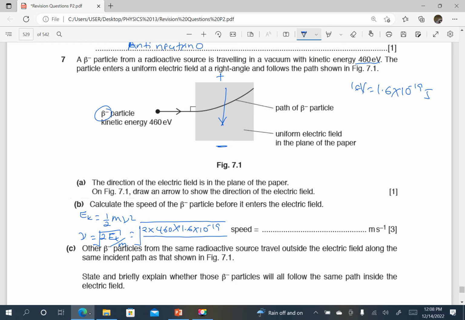Beta minus is an electron, whose mass is 9.11 times 10 power negative 31. So I press the calculator. From my calculator, I get the speed as 1.3 times 10 power 7.